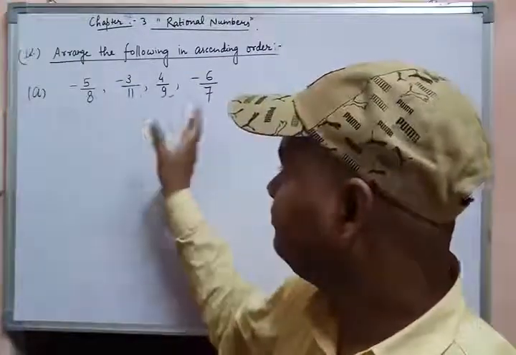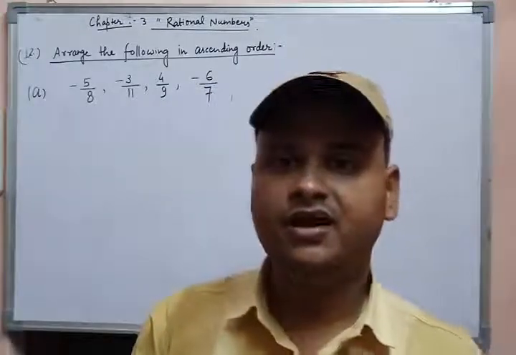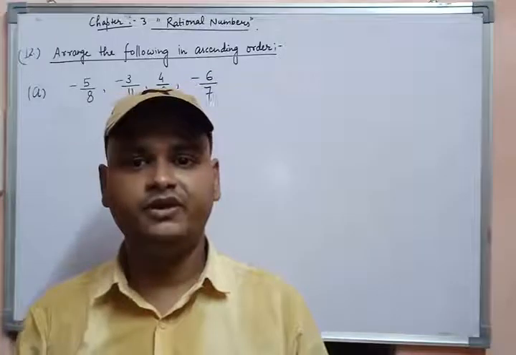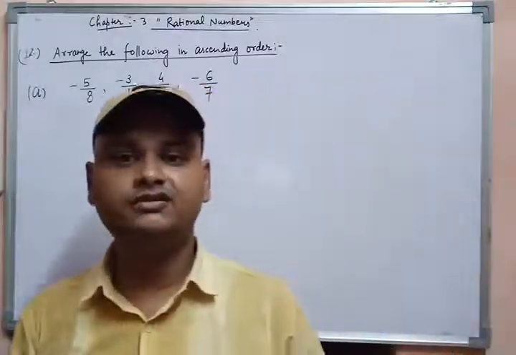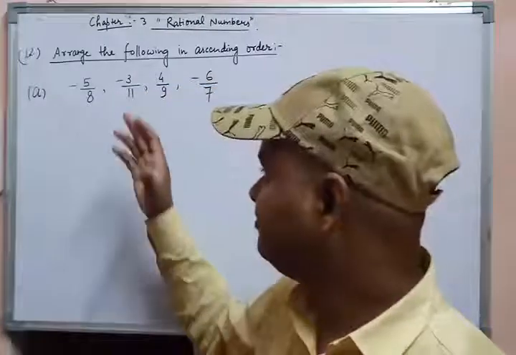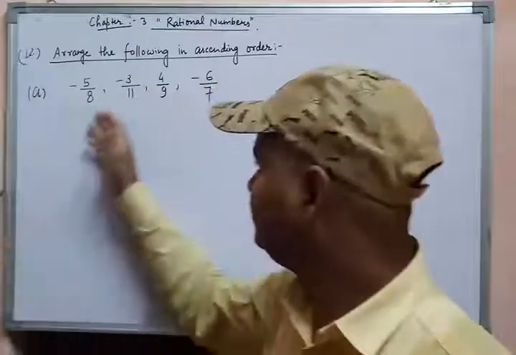The step you have to follow for making unlike rational numbers into like rational numbers is, in step 1, you have to take the LCM of all the denominators.